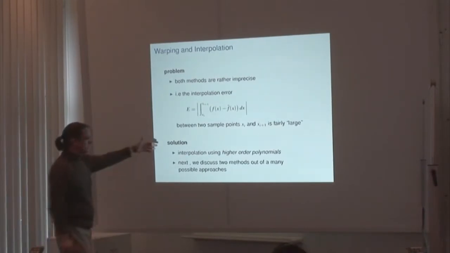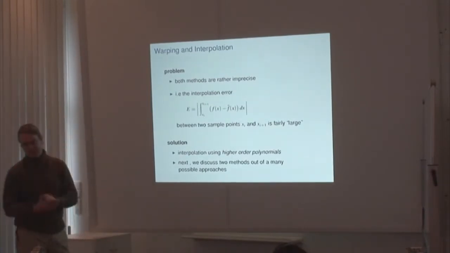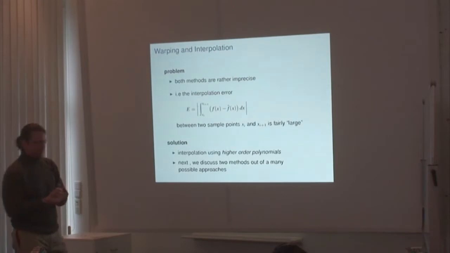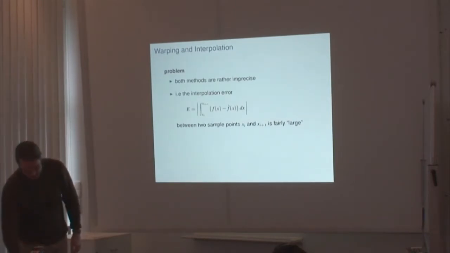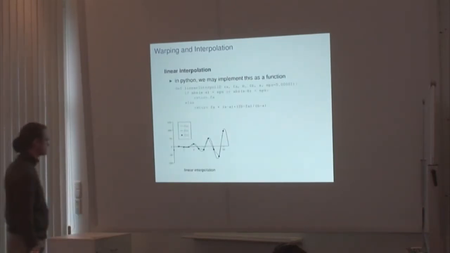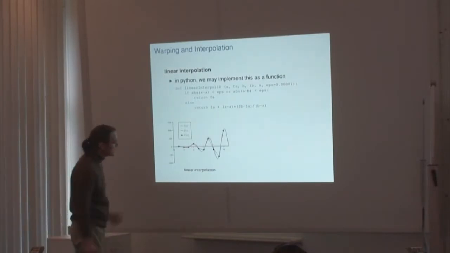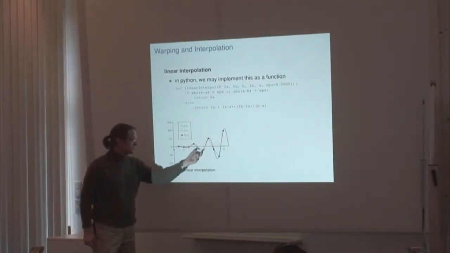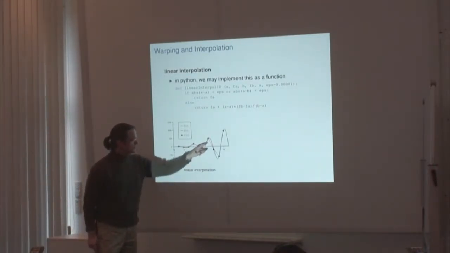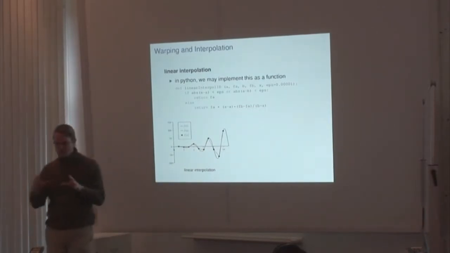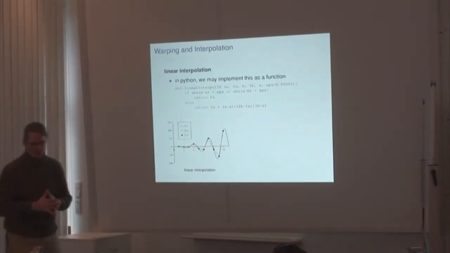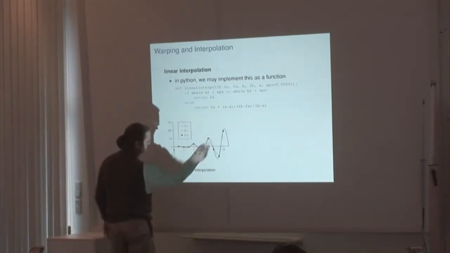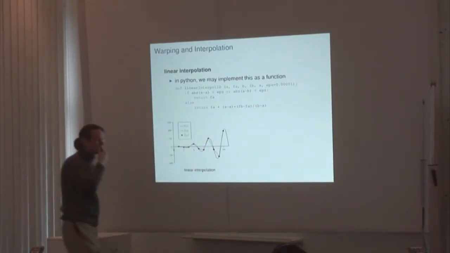And here is what we can do. Let me go back to this one. When I say that we may assume the interpolated function in between any two sample points to be linear, or piecewise linear, because now this is a linear piece, this is a linear piece, and so on and so forth.